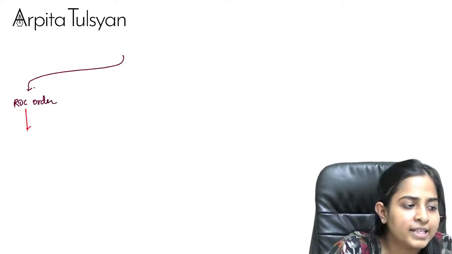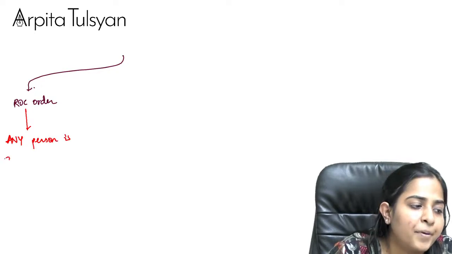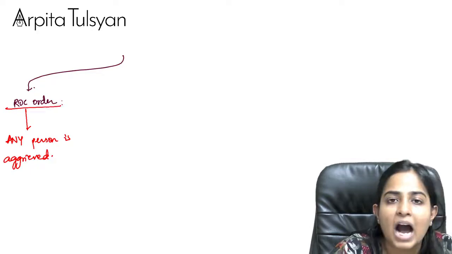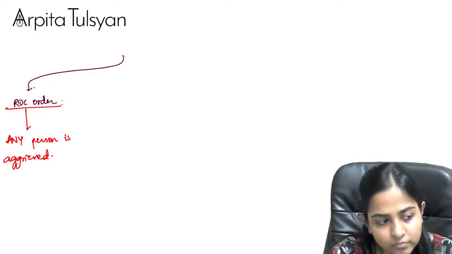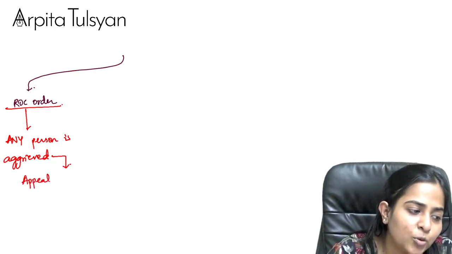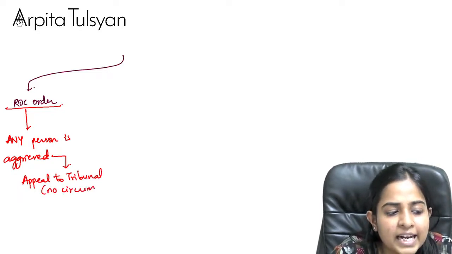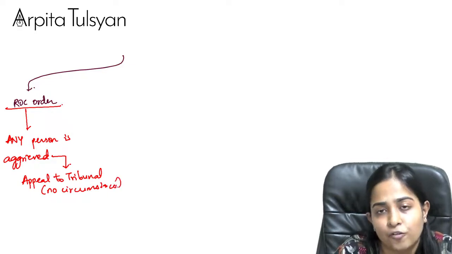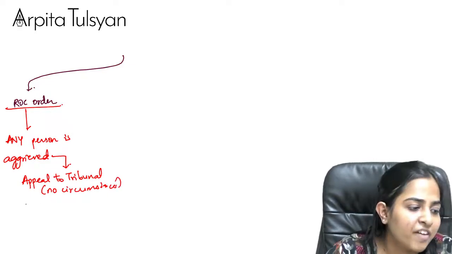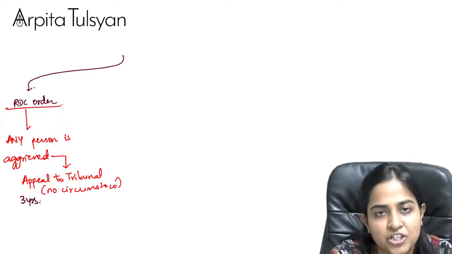Now, if any person is aggrieved by the ROC's order, that person can make an appeal to the tribunal saying that under no circumstances should the name have been struck off. They can file this appeal within a time period of 3 years, and then the tribunal will take the final decision after giving a reasonable opportunity of hearing.